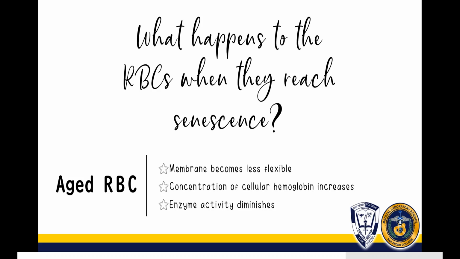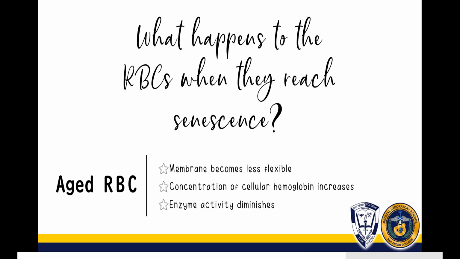So there will be a decrease in the metabolic activity of the cell, and a decrease in the metabolic rate of the cell will cause a loss of its flexibility and deformability, a change in the shape. In other words, when the enzyme activity of the RBC diminishes, the RBC will lose its viability also.